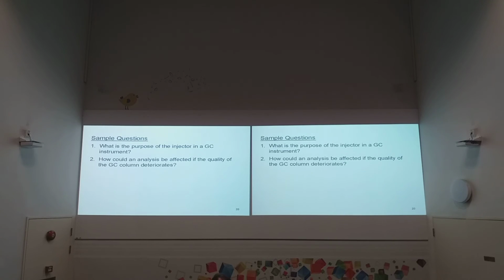Okay, this one again we will elaborate. Because the separation happens within the column, and last time we talked about the GC result, which we call a chromatogram, right? We talk about the retention time of a particular chemical. If the column is aging, is deteriorating, then the retention time may shift, resulting in very serious and critical consequences.